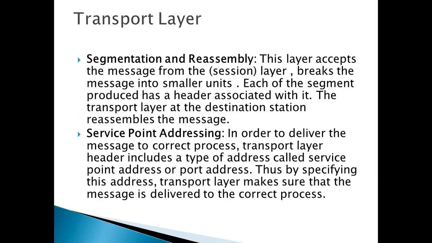Next is the transport layer. Its work is segmentation and reassembly. When you send data from source to destination, it breaks the total message from the upper layers, such as the session layer, into small units, each a segment. The second part is delivering to the correct process. The transport layer header includes a type of address called a service point address, or port address.